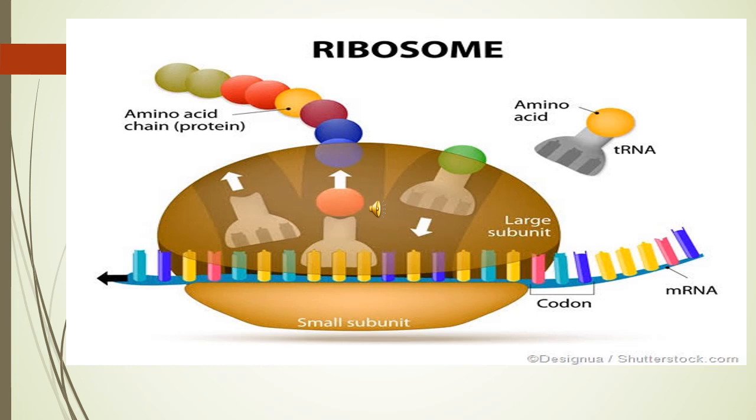Ribosomes can be found floating within the cytoplasm or attached to the endoplasmic reticulum. There are two units, a small subunit and a large subunit. DNA is the genetic material. mRNA is messenger ribonucleic acid. tRNA is transfer ribonucleic acid.